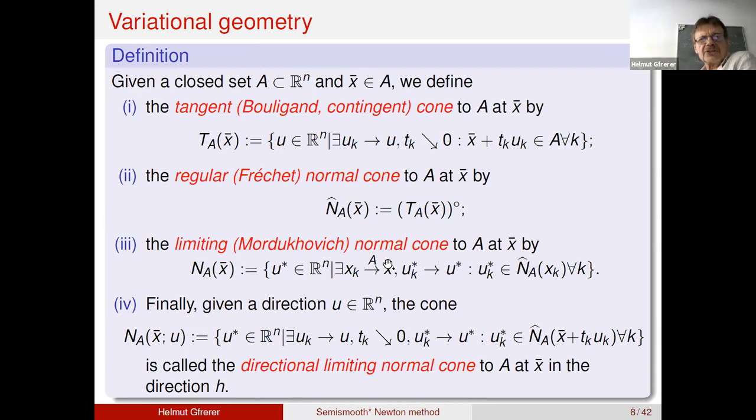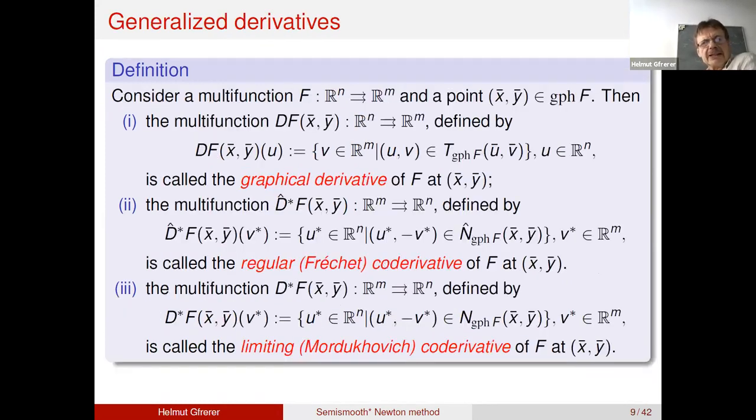Having these definitions from geometry, we can define generalized derivatives. First of all, we consider here the graphical derivative. The definition is as follows: the graph of this graphical derivative, which is a set-valued mapping, is nothing else than the tangent cone to the graph of our mapping F under consideration. And also the regular coderivative and the limiting coderivative are set-valued mappings.